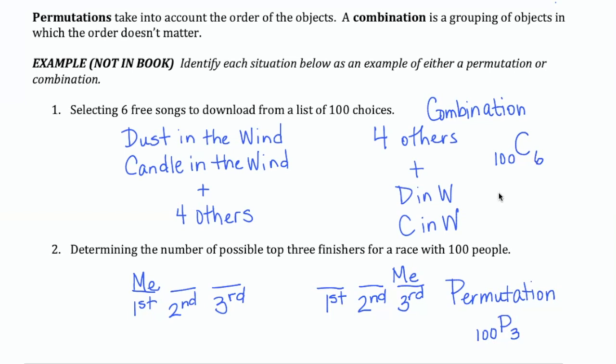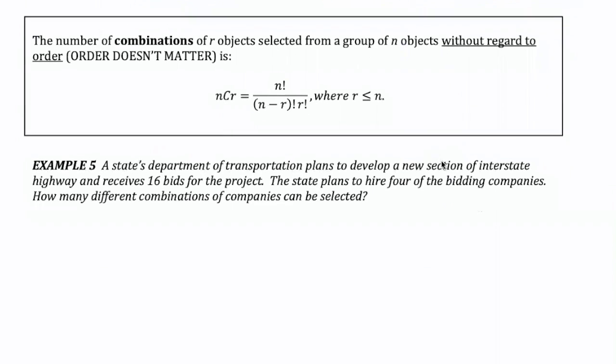Now, because in a combination the order does not matter, there tend to be a lot fewer ways to do this than there are permutations. Here's the formula that helps us calculate it. The number of combinations of r objects selected from a group of n objects without regard to the order, meaning order doesn't matter, is given by this.